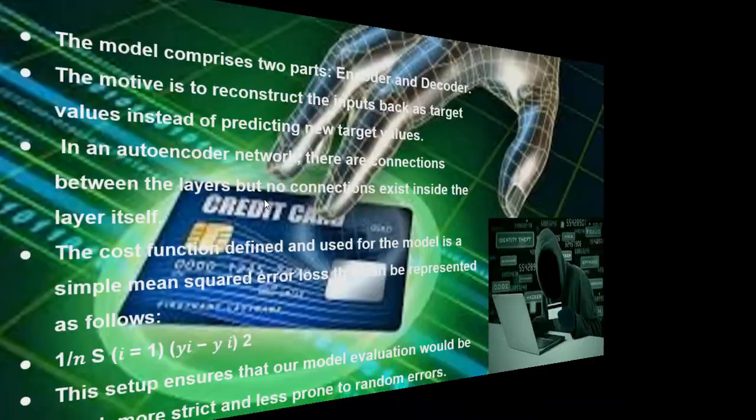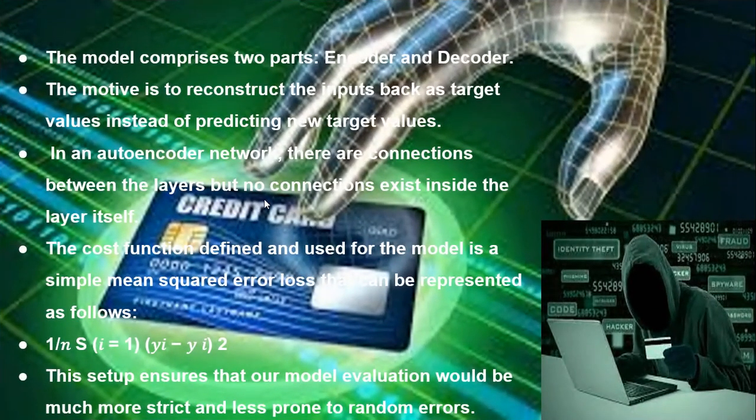Coming to the models, here I have taken two models, as we have seen on the screen: the encoder and the decoder. So what is the encoder? An autoencoder is an unsupervised learning technique for neural networks that learns efficient data representations by training the network to ignore signal noise.